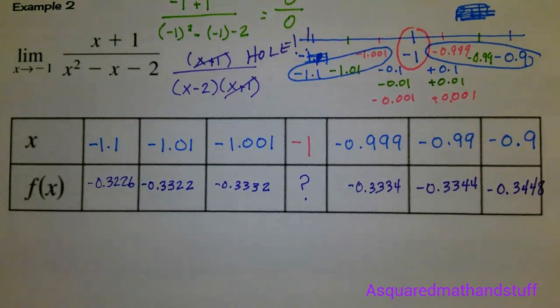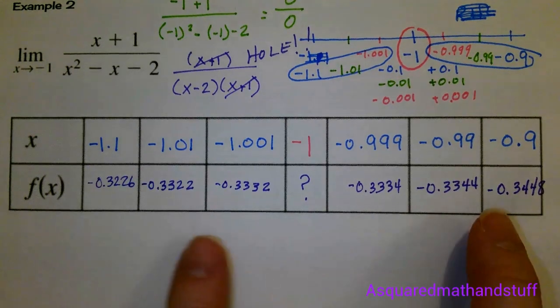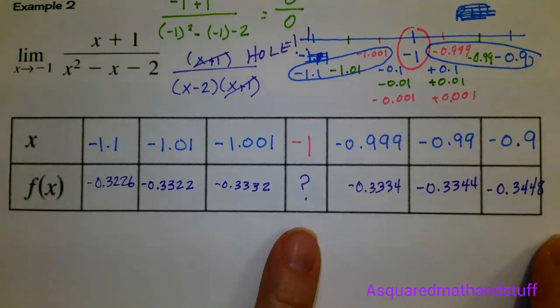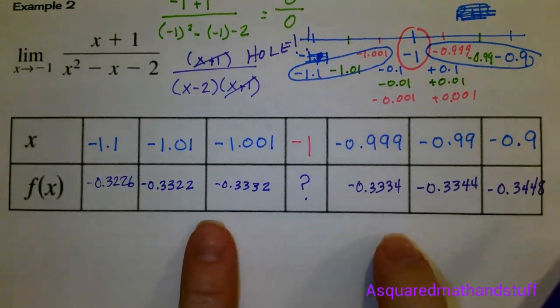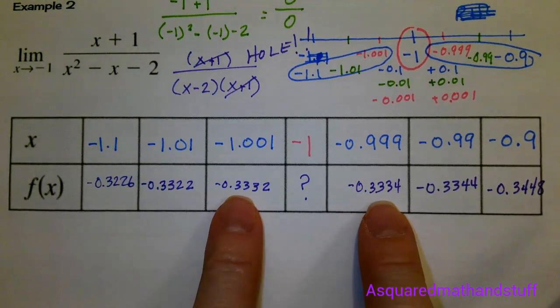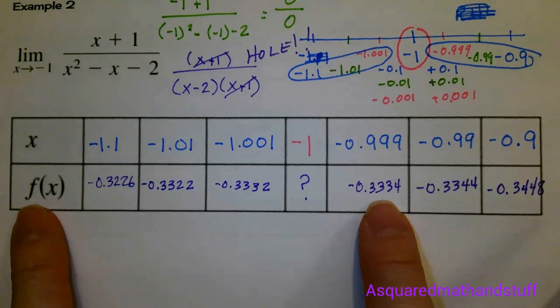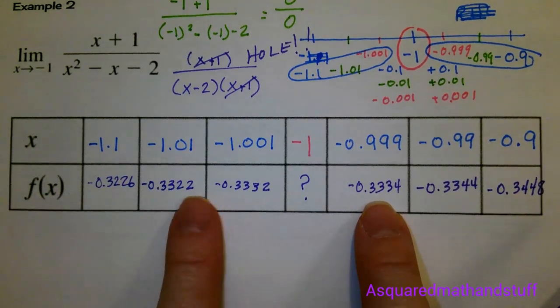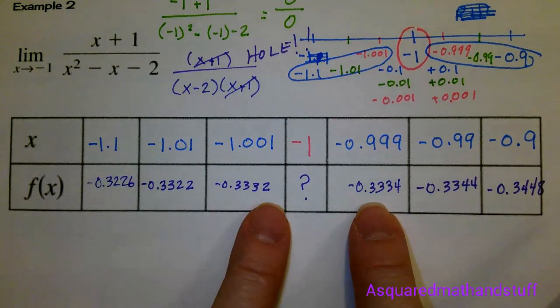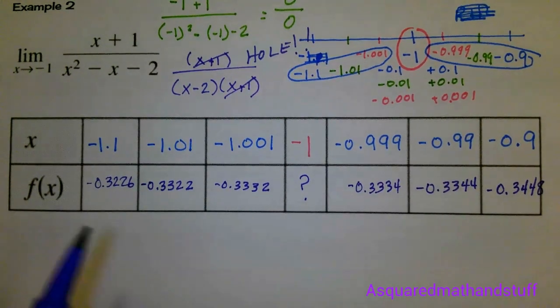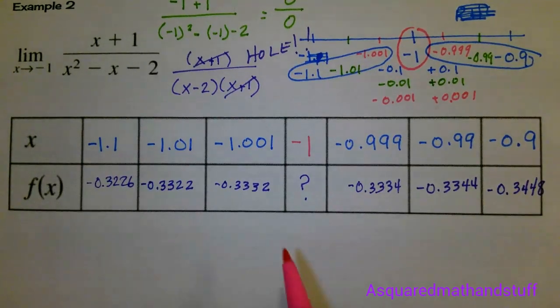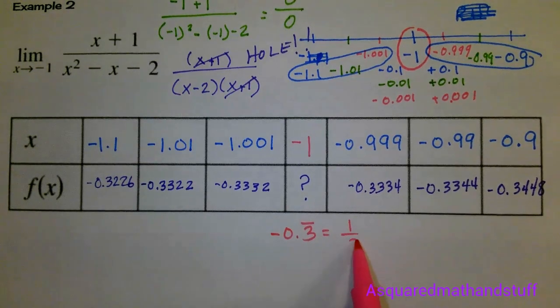The answer is either yes or no. On the left-hand side and the right-hand side, are these two numbers getting really close to the exact same y value? Because this is f of x, our function, or a y value. These both look like they're getting really close to negative 0.3 repeating, and negative 0.3 repeating is the same thing as negative 1/3.